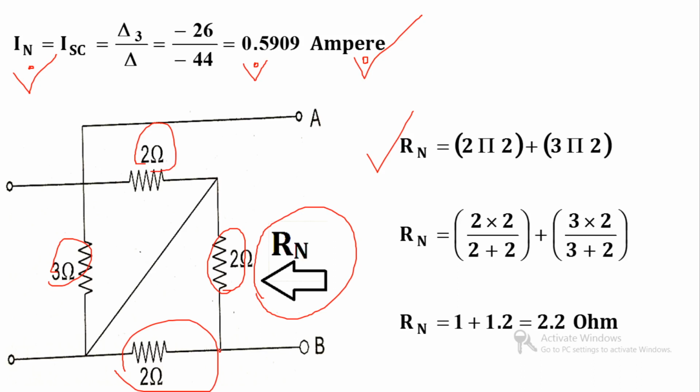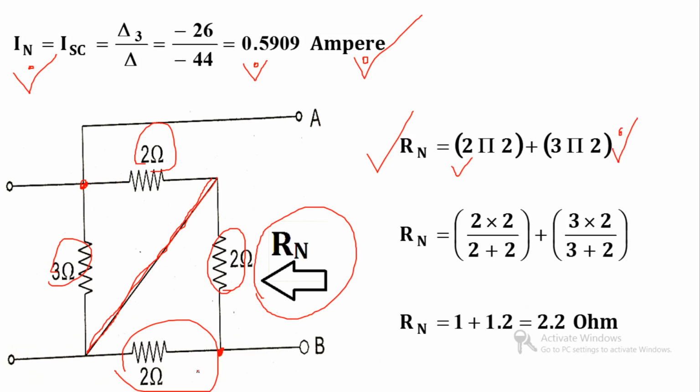Because these two resistances start from this point and terminate at this short circuited point. Clear? So I can say that these two resistances are in parallel, and in the same way these two resistances start from this point and terminate through this short circuited path. So these two are also in parallel.